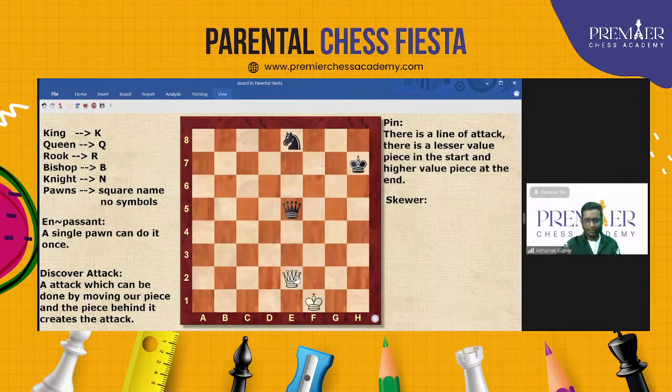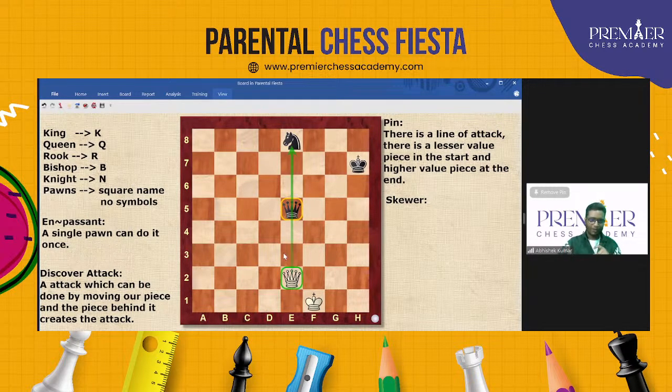What we can say is this white queen is again creating a line of attack, as we all can see, right? White queen is creating this line of attack, but in this line of attack, there is a little change. In the start, we are getting a queen. How many points does a queen have? 9 points.